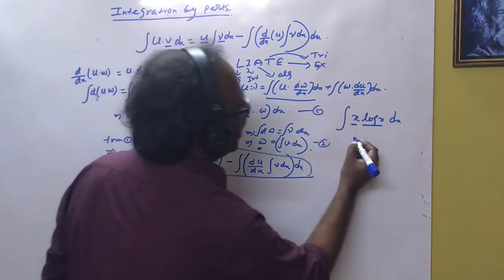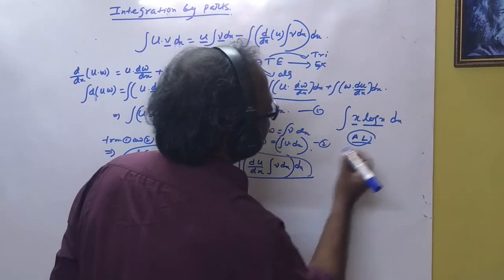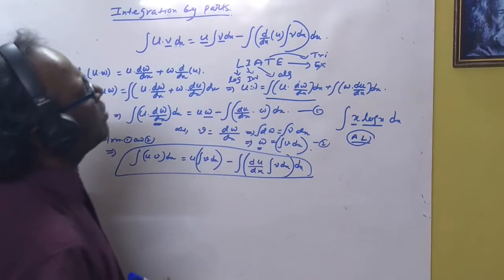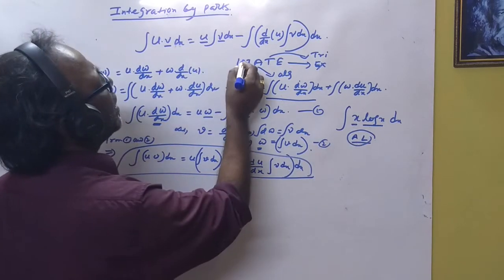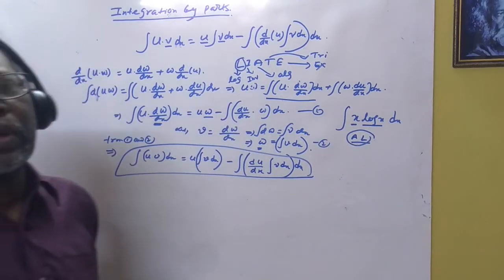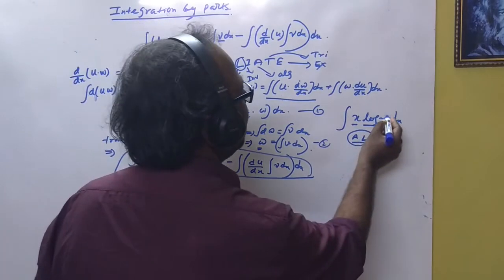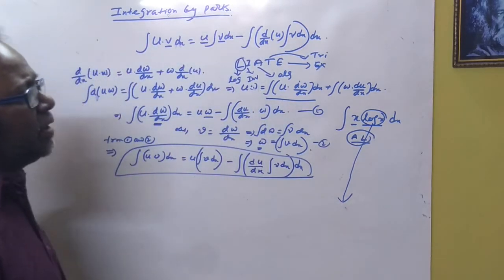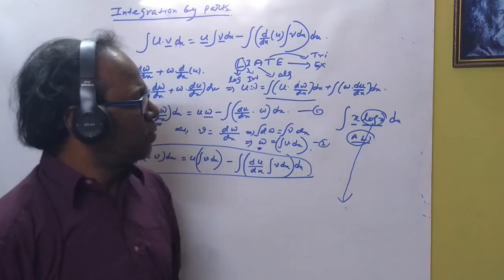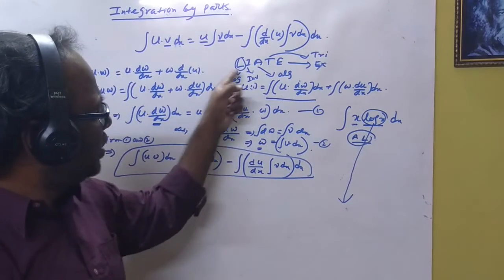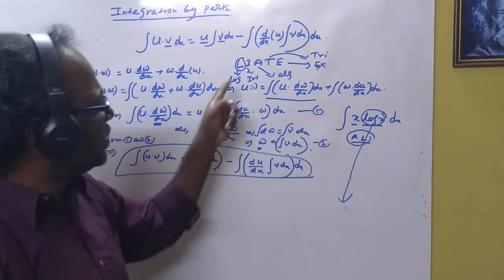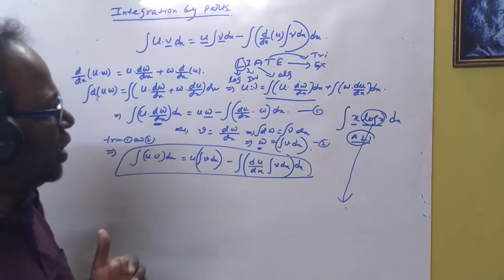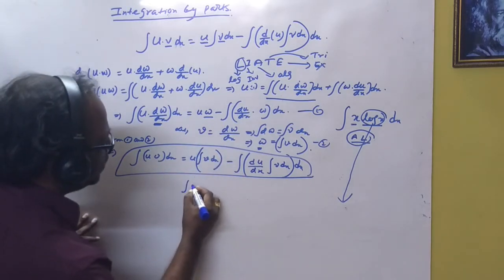In that case, algebra and log, A or L, see in this word which letter comes first: L comes first. So we take L, the logarithm, as the first function. So that's why u is represented as log x. So the integral of x log x.